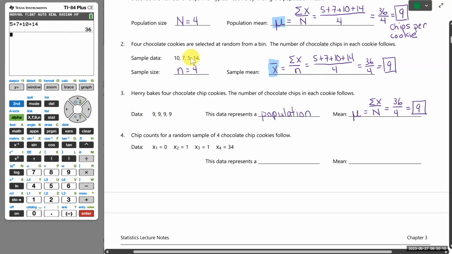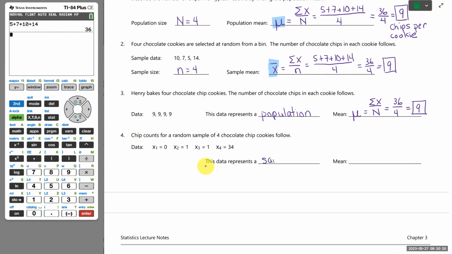All right, one more. All right, chip counts for a random sample of 4 chocolate chip cookies follow. So this is definitely a sample because it says sample. So our formula and our symbol here, so X bar for sample mean, and we add the data and divide by the number of values.